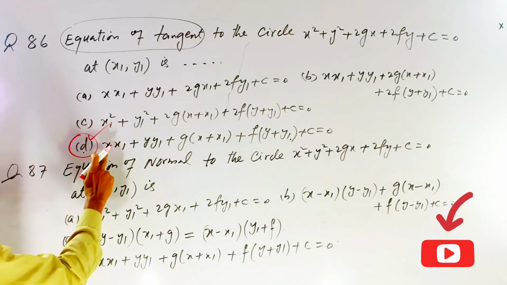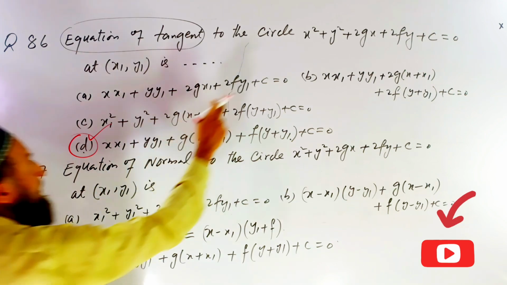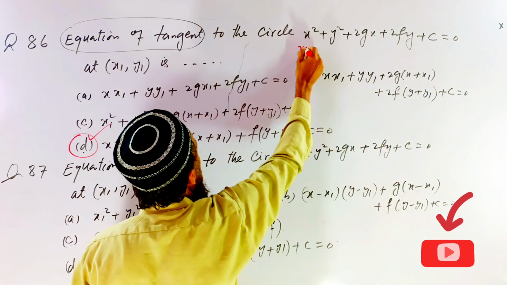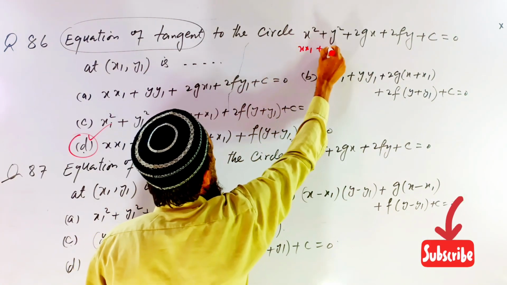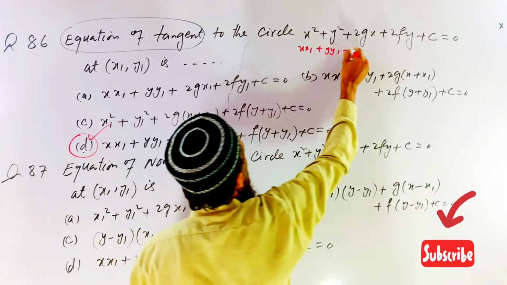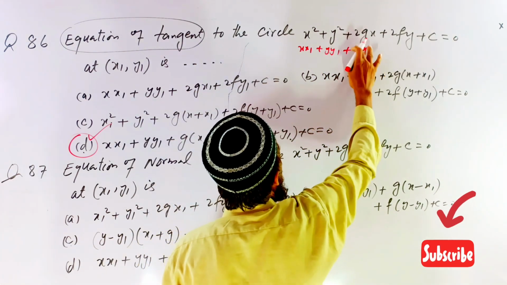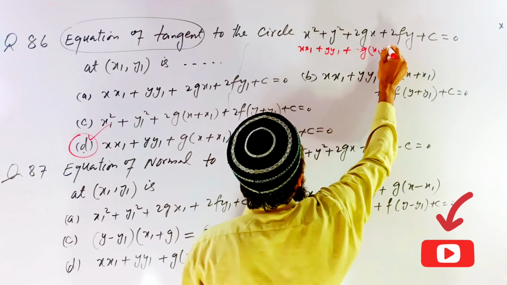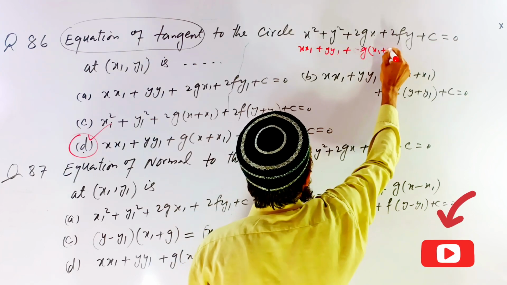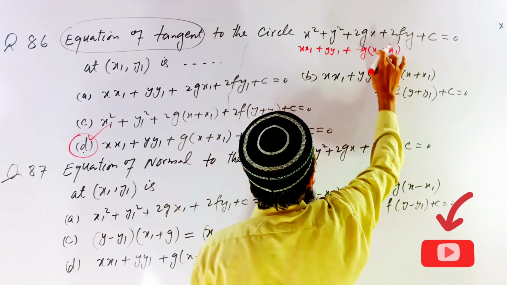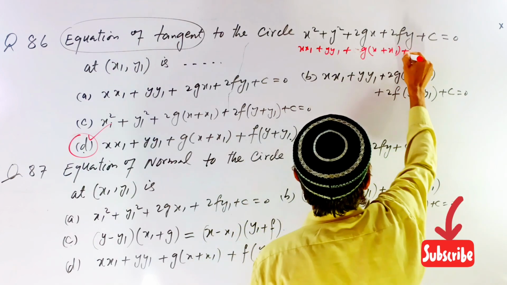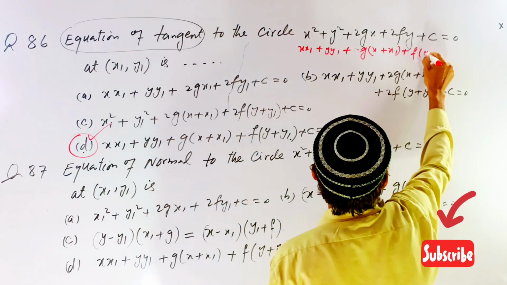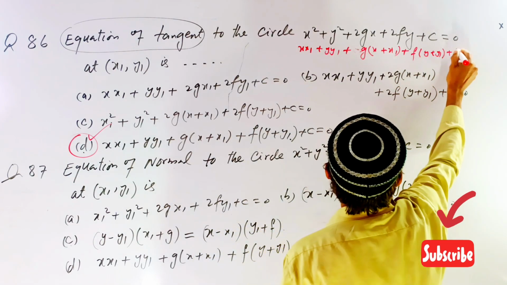If we check this result, in place of x we can write x x1, and plus y y1, plus g, and in place of 2gx we put g times (x plus x1), and f times (y plus y1), plus c.